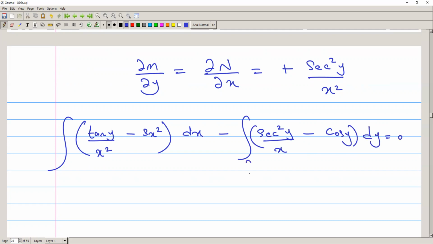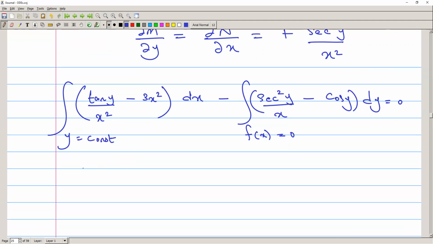Any function of x alone will be 0, and y will be treated as constant here. Now we can integrate this function. Tangent y will be treated as constant, so we will get negative 1 over x minus x cubed, and then this one is 0 because of this x, and plus sine y is equal to c.